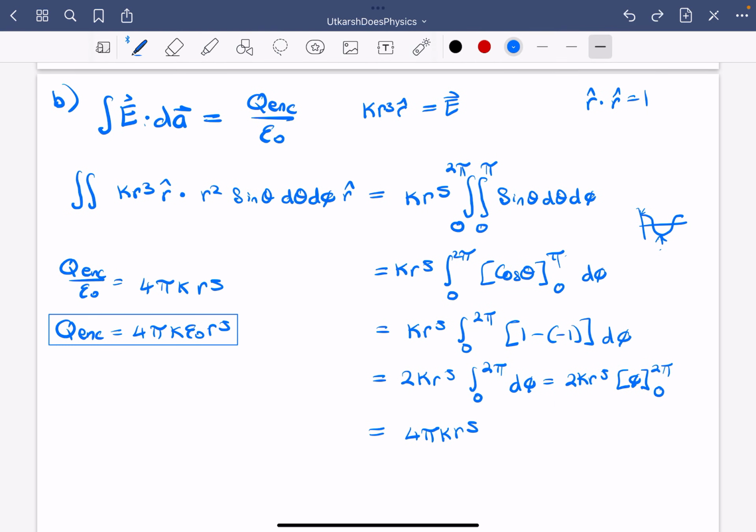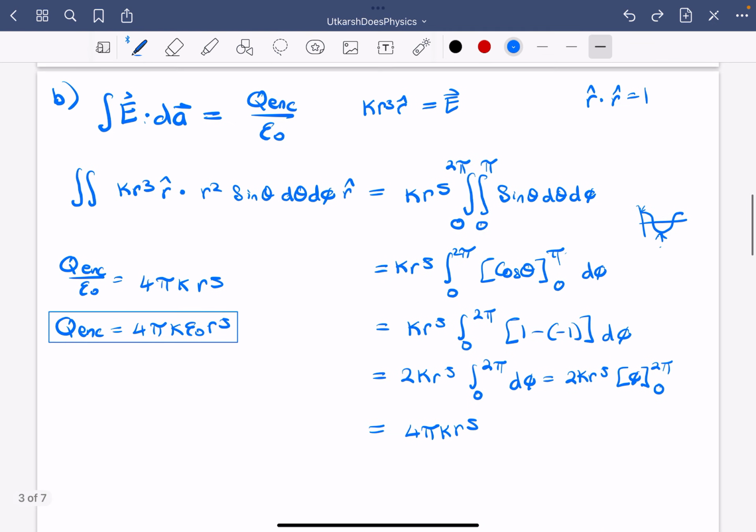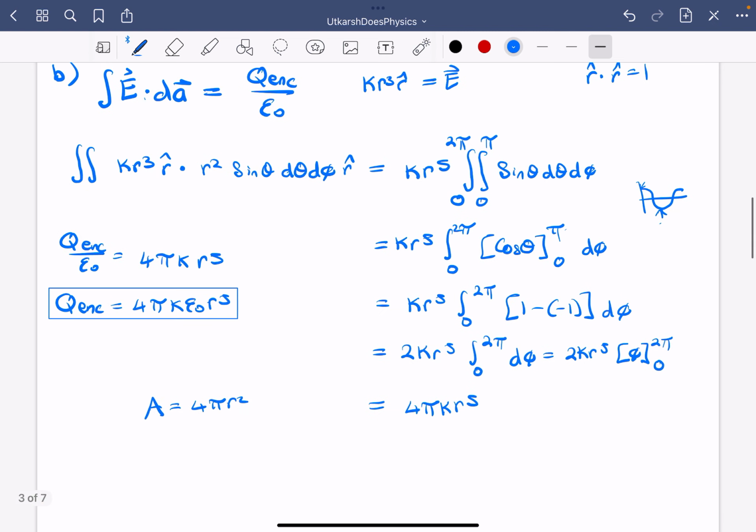Instead of doing a double integral, if you haven't learned how to do double integration yet, you can just take the area to be 4 pi r squared and then compute backwards from that, because you don't have any r dependence. So that's another way you can hack your way through this integration if you haven't done volume integration yet.